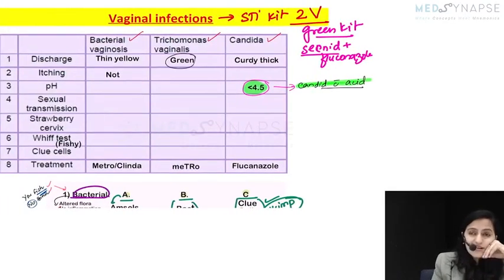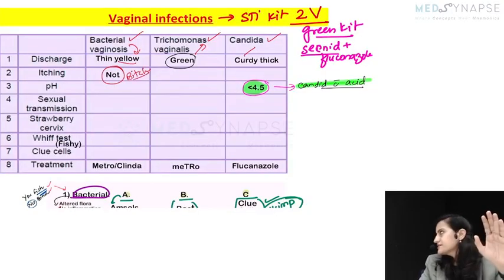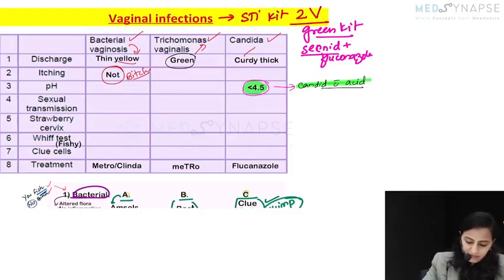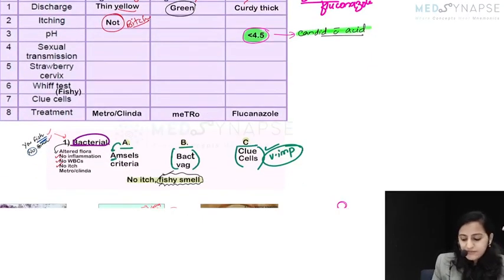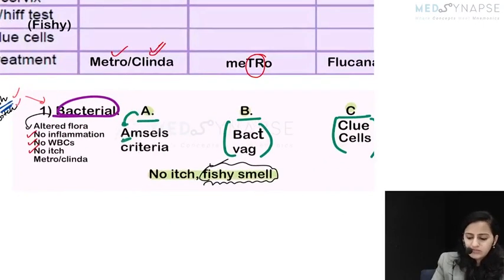So green discharge, green tree, trichomonas, curdy white Candida. Bacterial is thin yellow discharge. No itching, no bitching. Bacterial. Treatment, metro in trichomonas, metronidazole, alternative is clindamycin, because both these drugs are basically active against anaerobes.